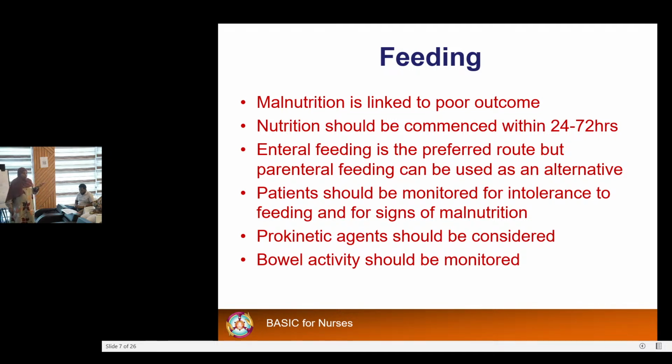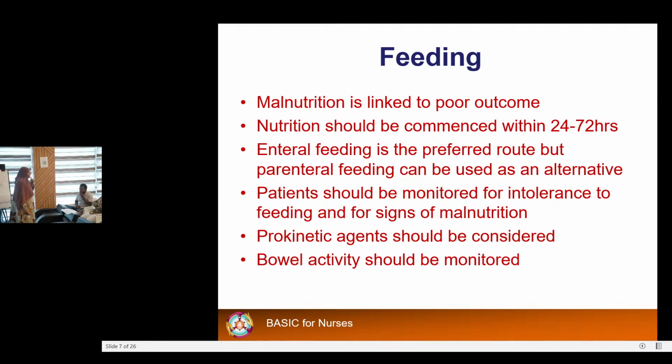How will you feed your patient? Patient can be fed with either enteral or parenteral. Which one do you prefer? Or which one is recommended more? Enteral feeding, is it? Why? What is the effect if we completely don't use oral feeding?